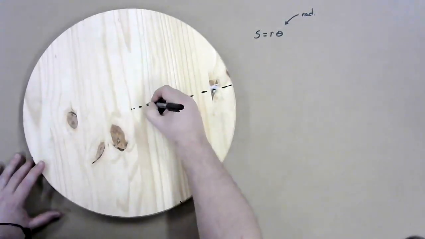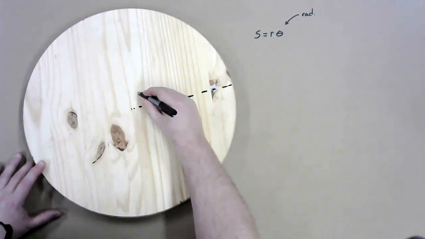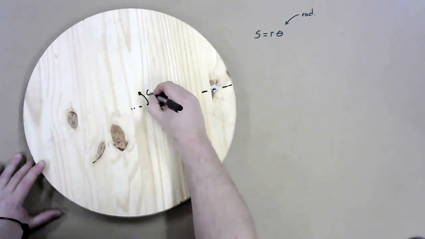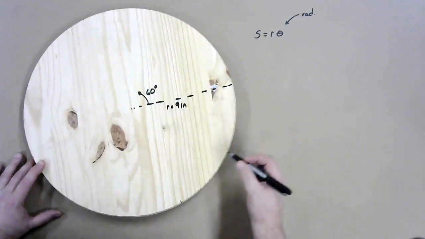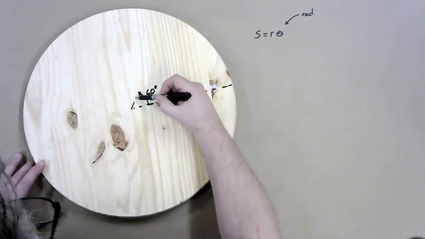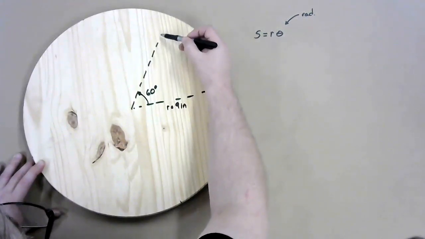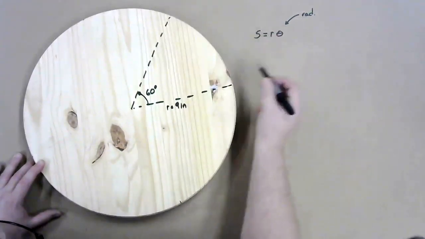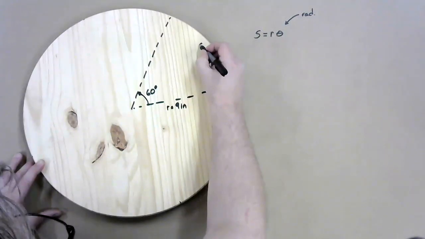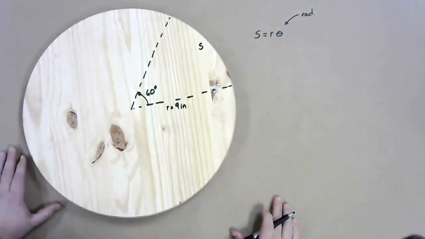And we went through some angle here. Let's say we make an angle of 60 degrees. We could compute the arc length along the edge here, S.